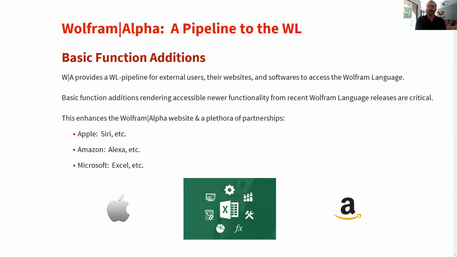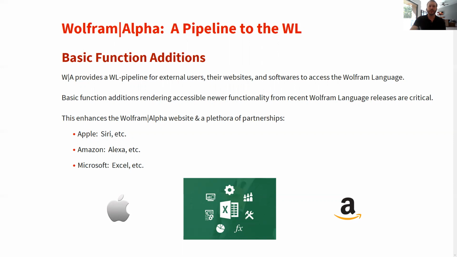It also has accessibility to other software via web-based APIs and partnerships with major corporations such as Apple, where we incorporate things for Siri, such that you get spoken results, Amazon, where you get spoken results with Alexa, and Microsoft, in which Wolfram Alpha functionality, calculations, data, accessibility, etc., is being incorporated in Excel, for which I have various logos at the bottom here.